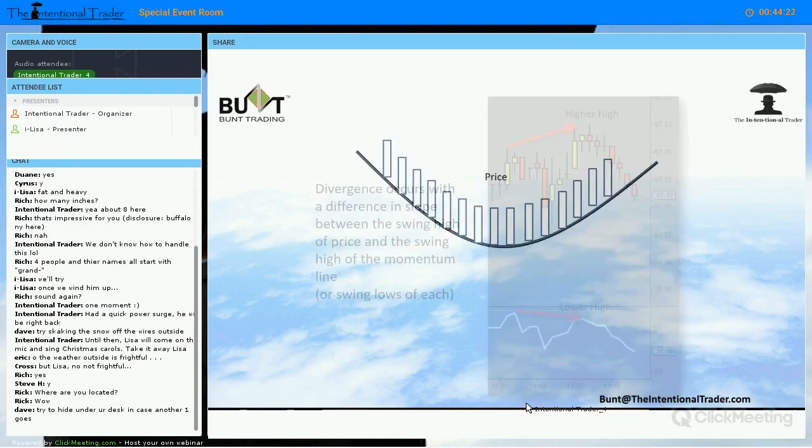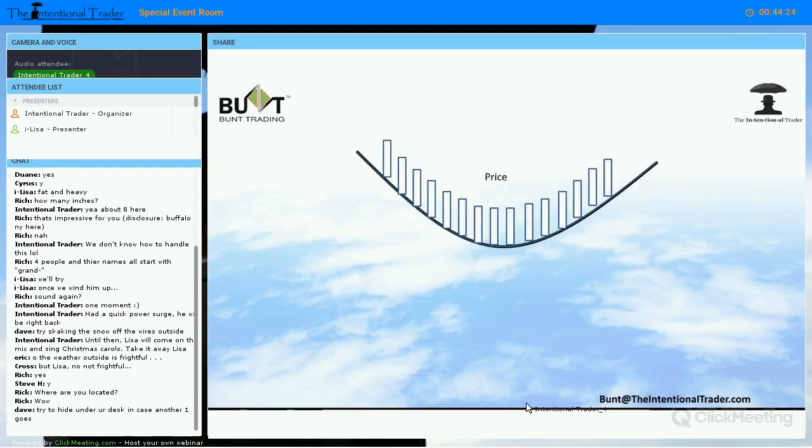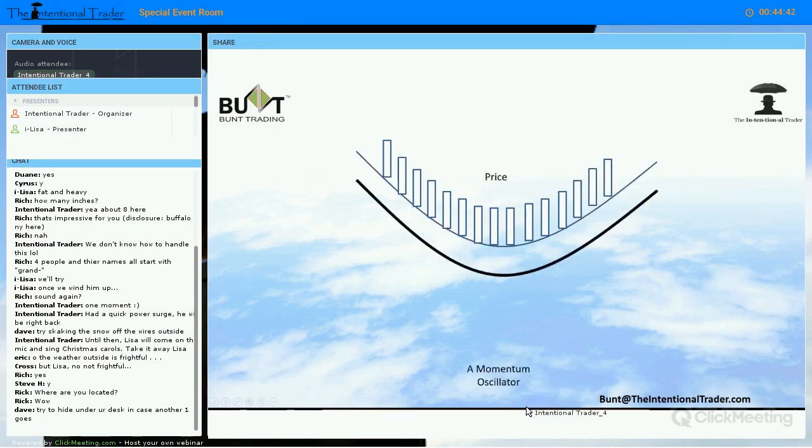Here's a better illustration of what's happening. This is a very oversimplified little graph, but it tends to illustrate things pretty well on what's going on. Say we just have price, and this is the slope of price. And down here we have a momentum oscillator.